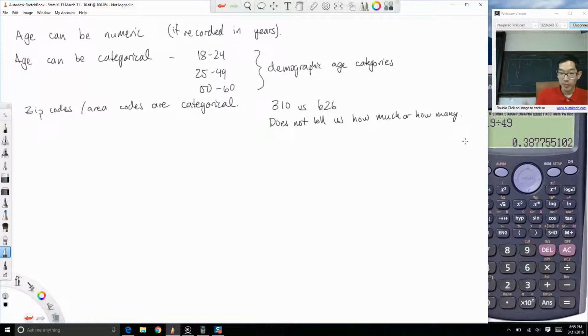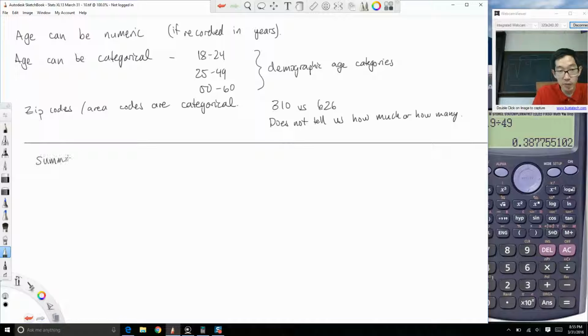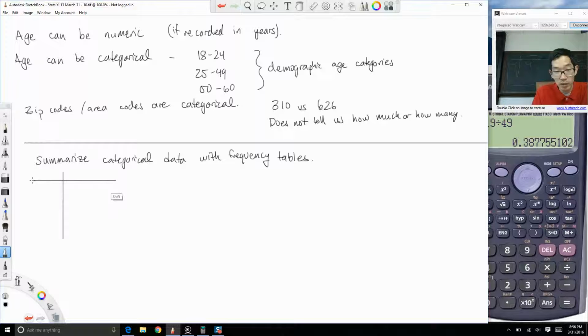All right. So to summarize this data, we can summarize categorical data with frequency tables. The example here is the color of a flower.